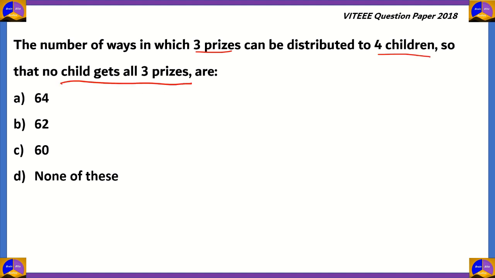Well, we know that each of these 3 prizes can be given to any of the 4 children. So therefore, total ways of distributing those prizes can be written as 4C1 times 4C1 times 4C1.